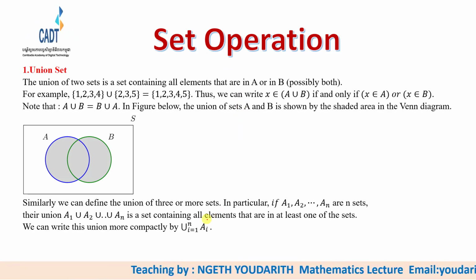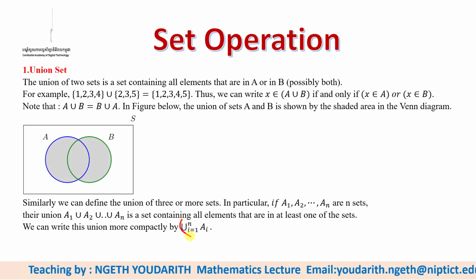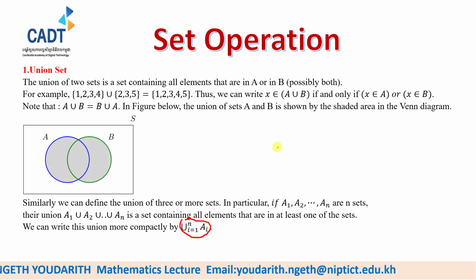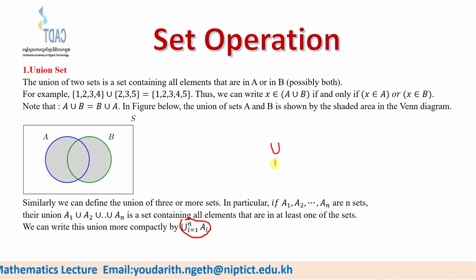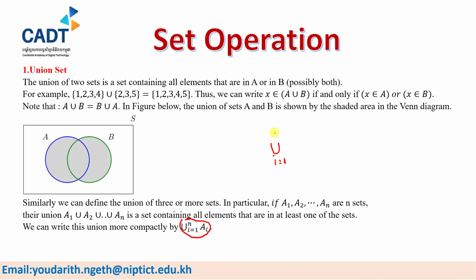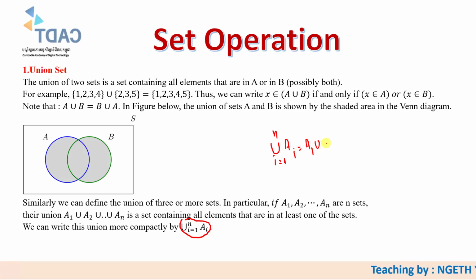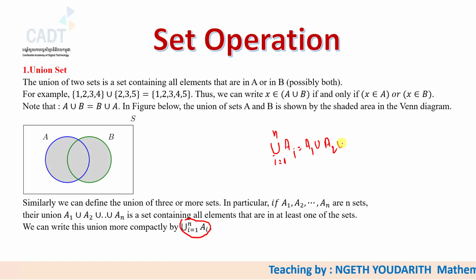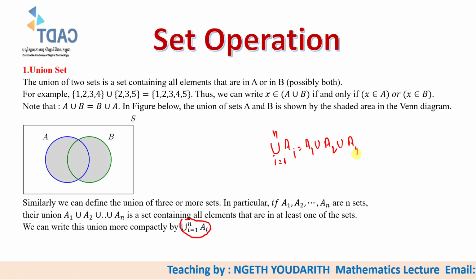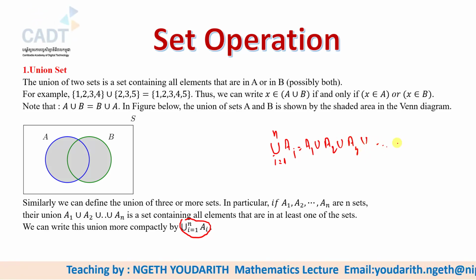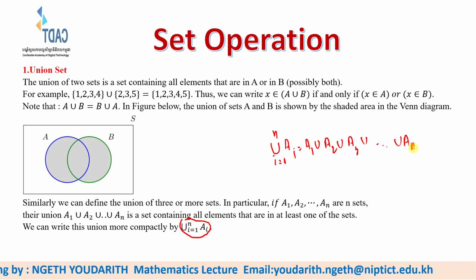Some books write the union for i from 1 to n of Ai, which is equal to A1 union A2 union A3 union up to union An.